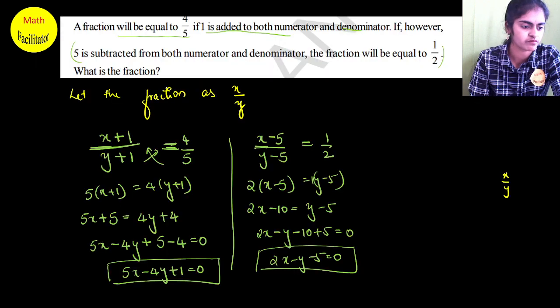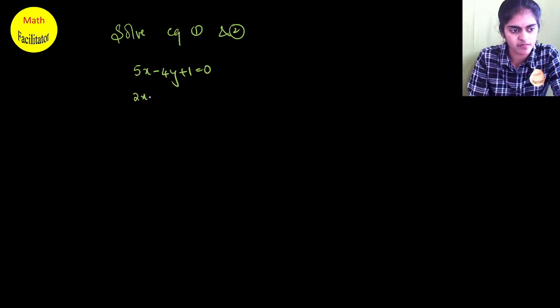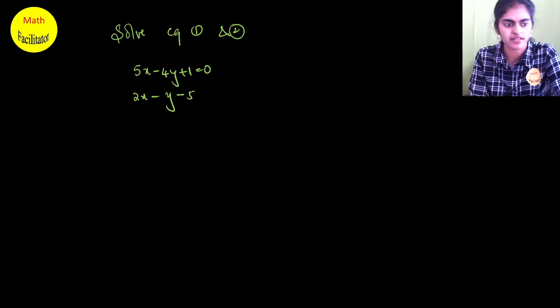So this is the second equation. Now what is there? You just have to solve. So solve equation 1 and 2. Equation 1 is 5x minus 4y plus 1 equal to 0. Equation 2 is 2x minus y minus 5 equal to 0.